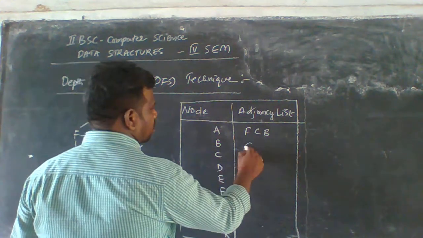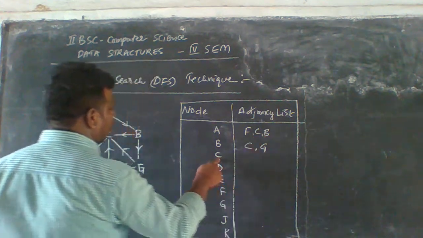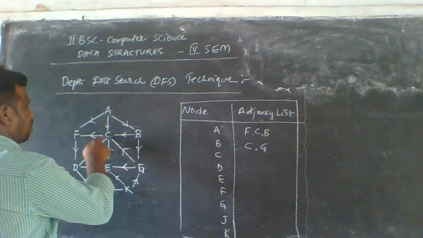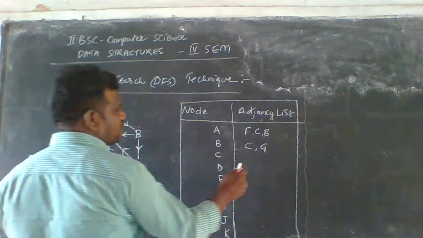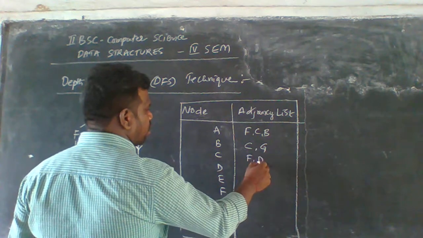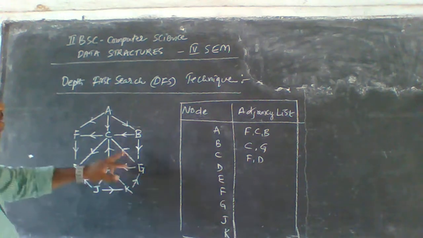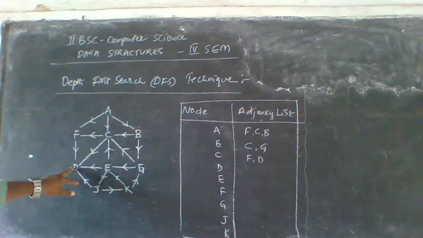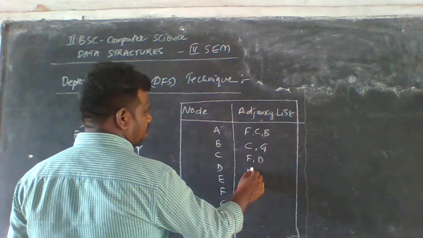Then at C you have to see F and D. Then at D we have to check the condition of out-degree. There is no out-degree available here.